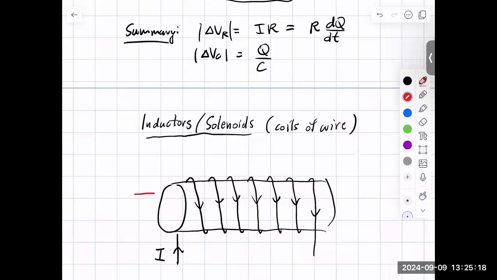And so there's a magnetic field going through the center of this solenoid.